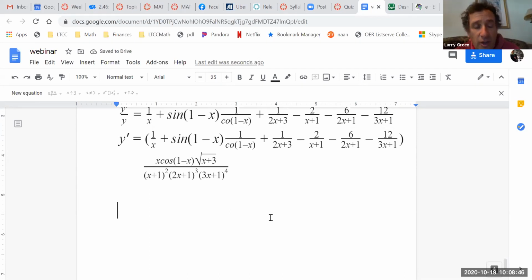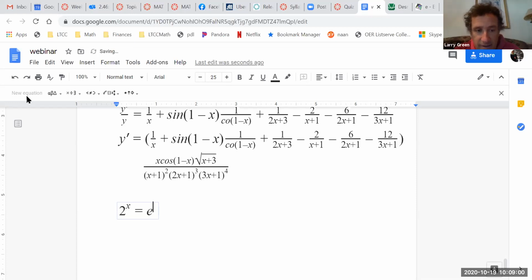Let's suppose we had 2 to the x. Well, 2 to the x is equal to e to the ln of 2 to the x. And just stick with me.